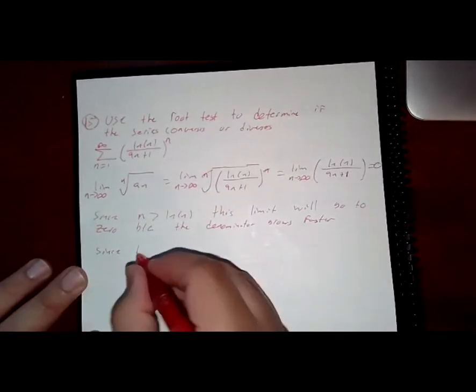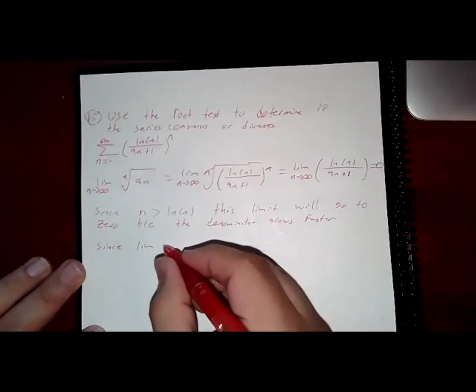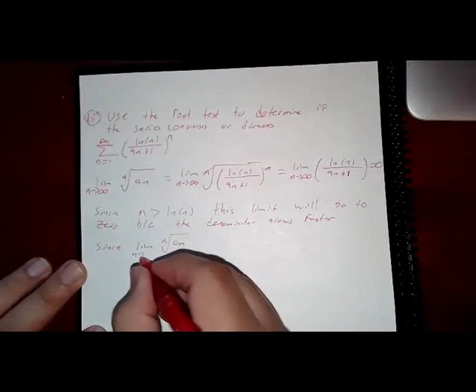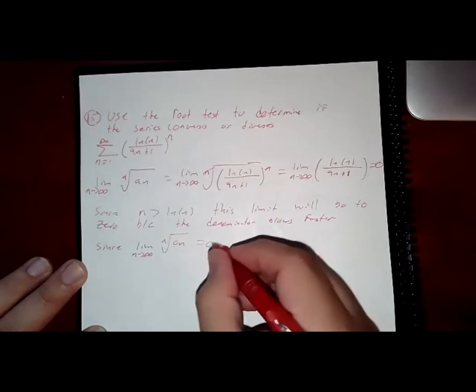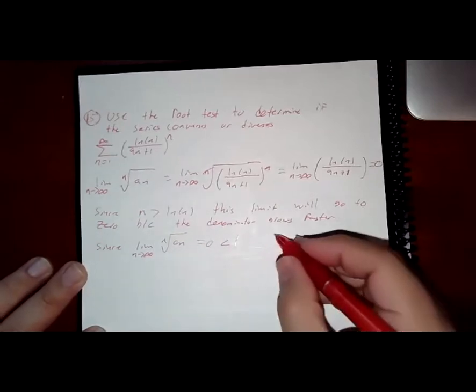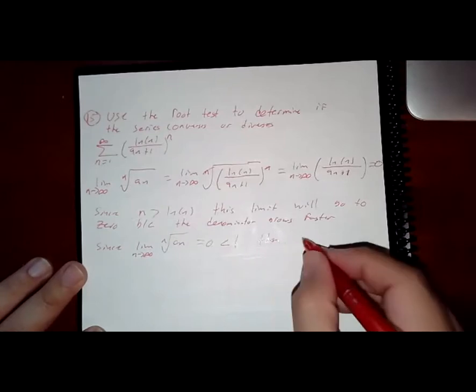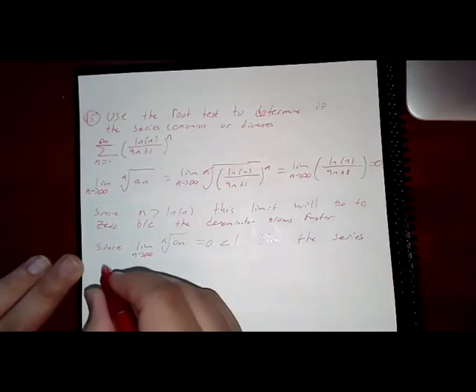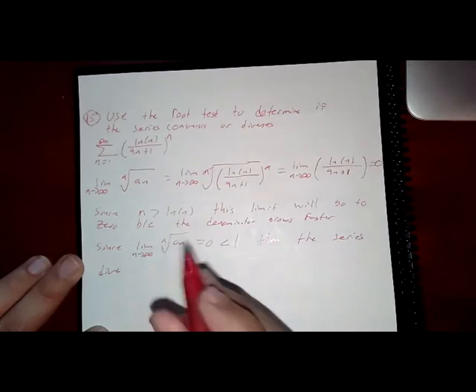Since the limit of the nth root of a_n is equal to 0, which is less than 1, then the series converges.